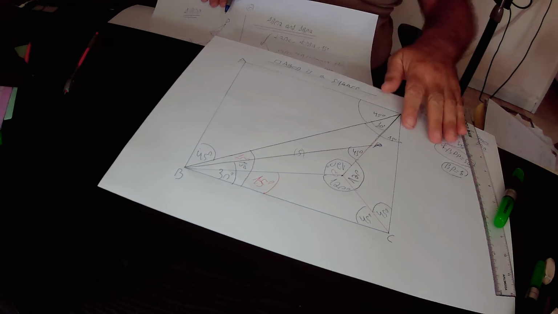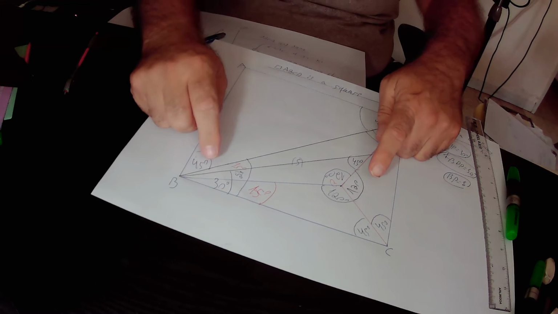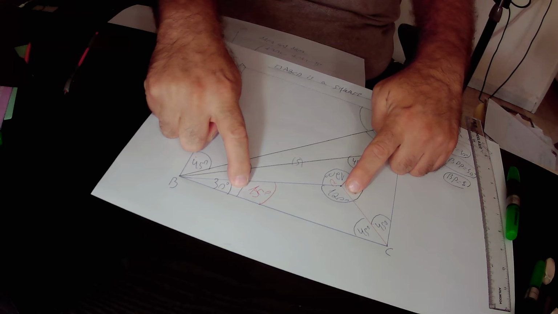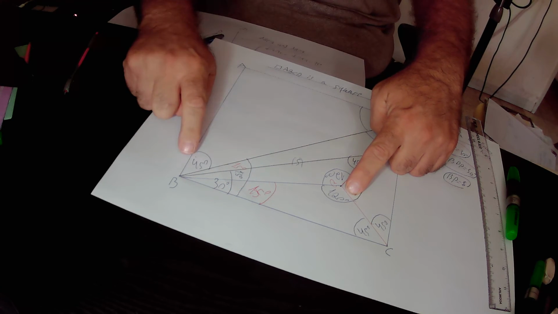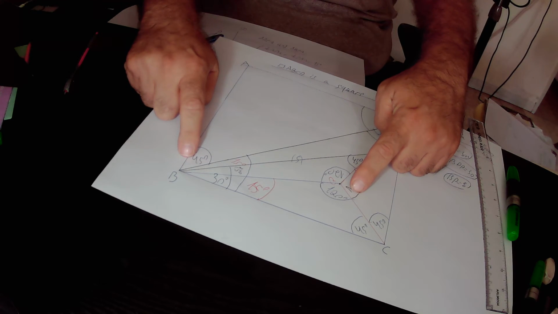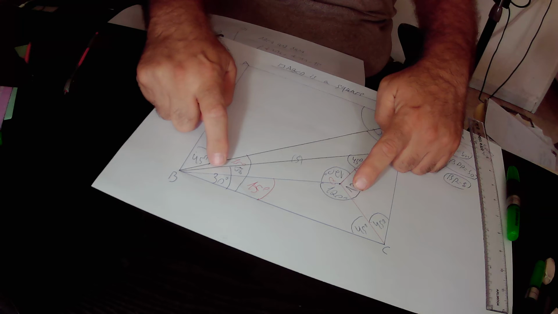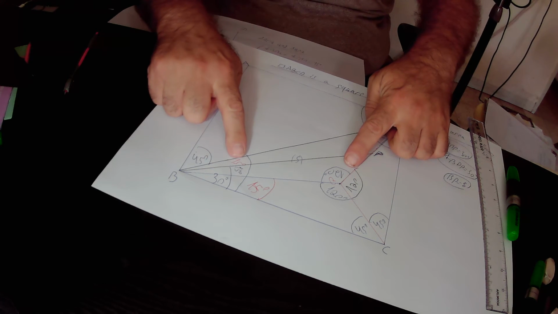So we actually found out that those two angles and the side that is included between those two angles, that is side QB, are correspondingly equal.